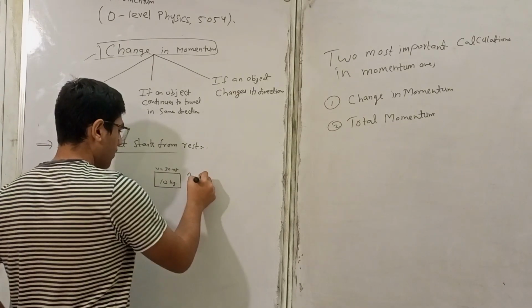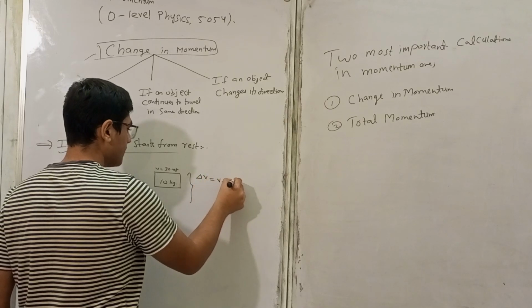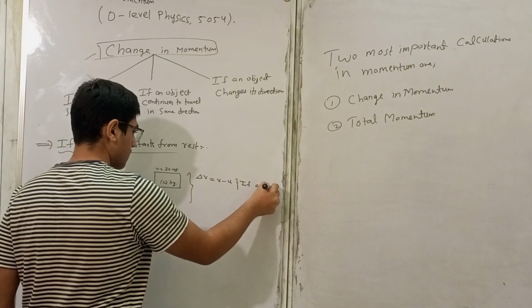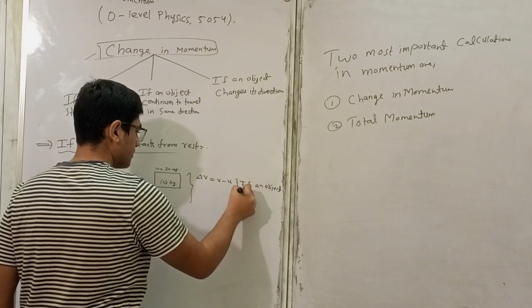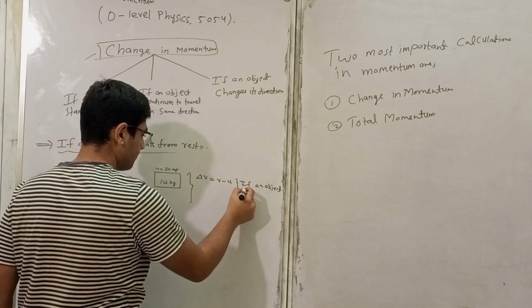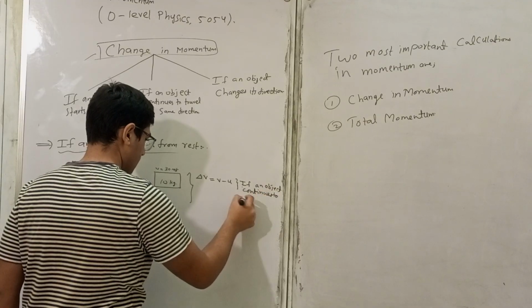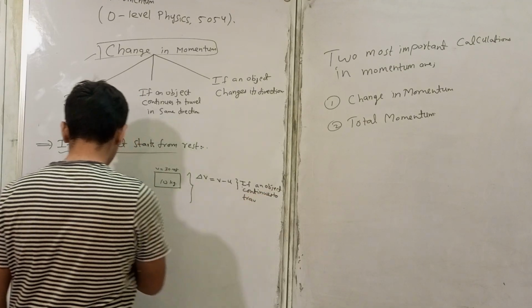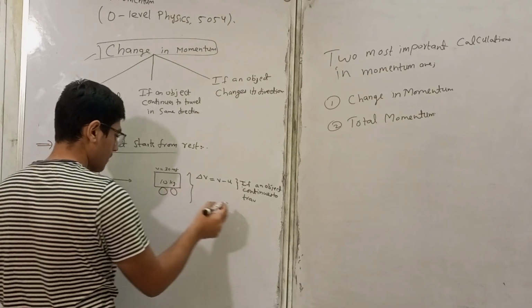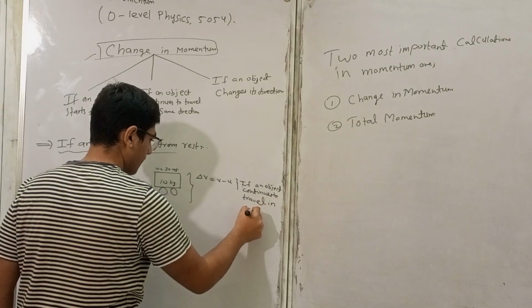Now keep in mind, change in velocity is final velocity minus initial velocity if an object continues to travel in the same direction.